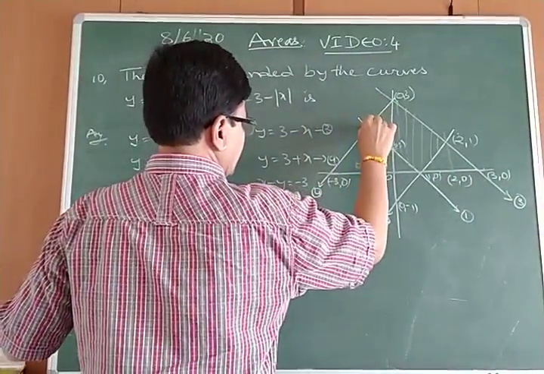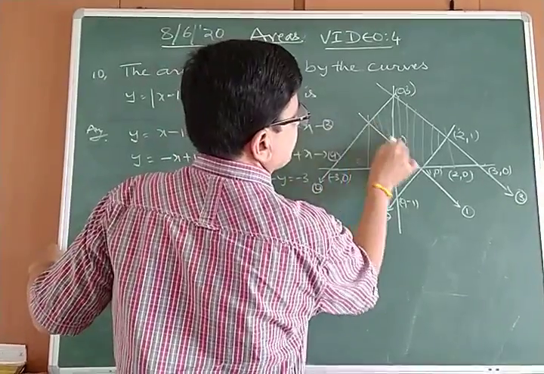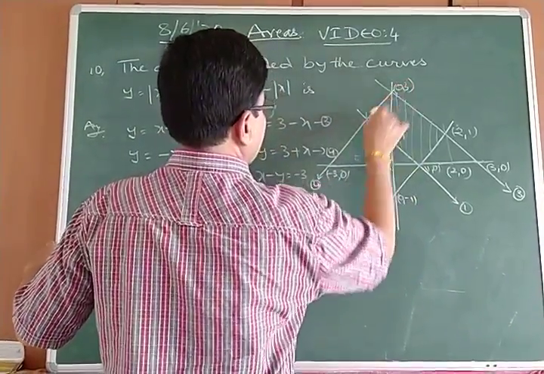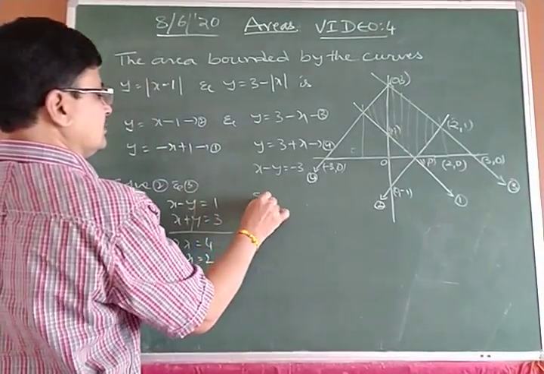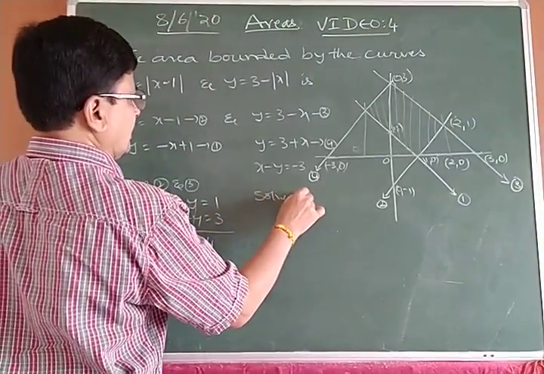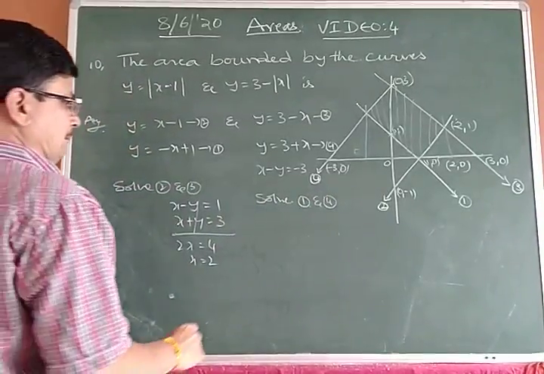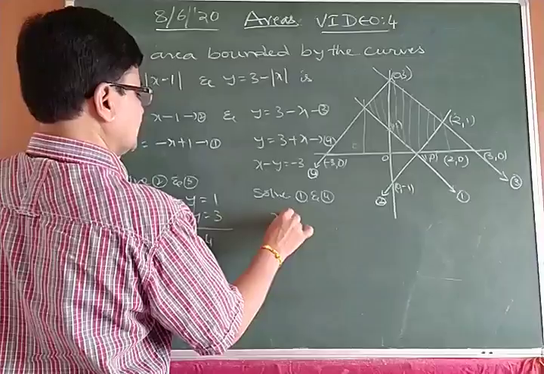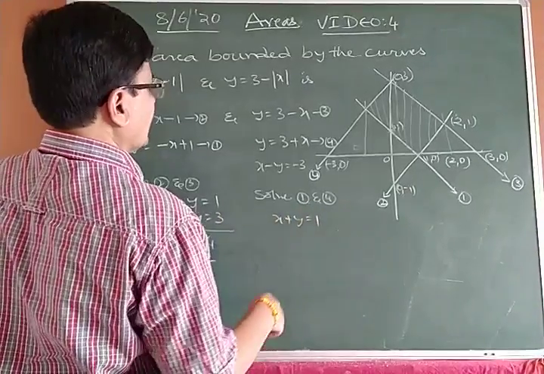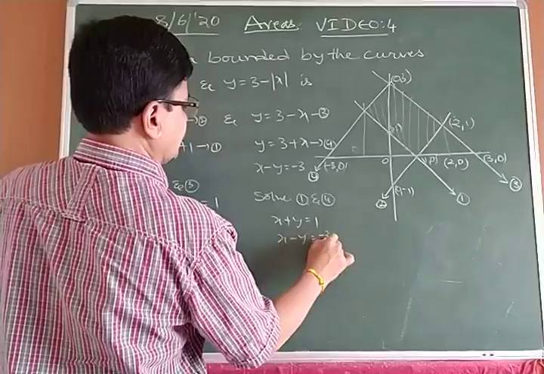And here is another point of intersection, where equation number 1 and equation number 4 intersect. So solve 1 and 4. Equation number 1 is x plus y is equal to 1 and the fourth one is x minus y is equal to minus 3.